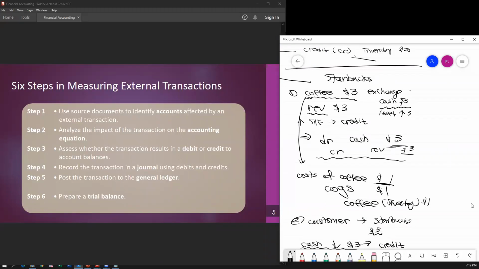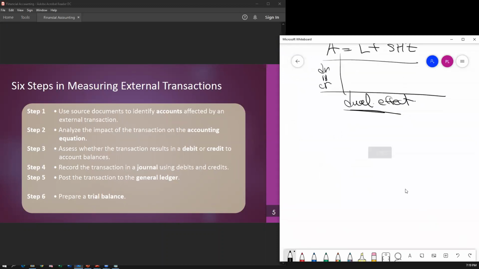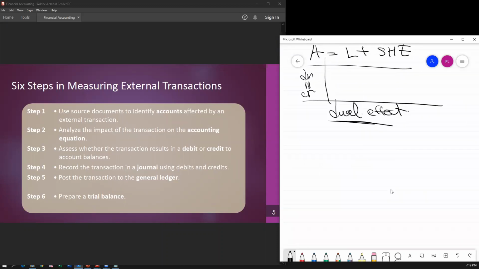Okay, I have to make one disclaimer here. Very important, the disclaimer. Even though I am teaching basic accounting and how to record a journal entry, don't take my word as a rule.